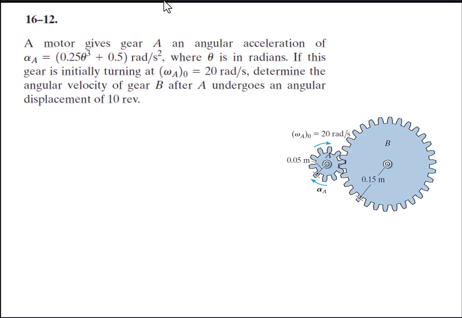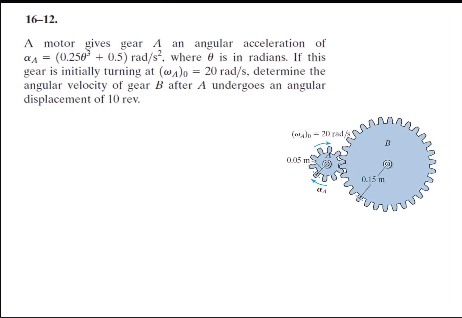And you want to determine the angular velocity of gear B, the big one, after the small one, the motor, undergoes an angular displacement of 10 revolutions. So an angular displacement theta, like linear displacement x. This angle displacement is given. Of course, we have to do the kinematics in the angular frame of reference.